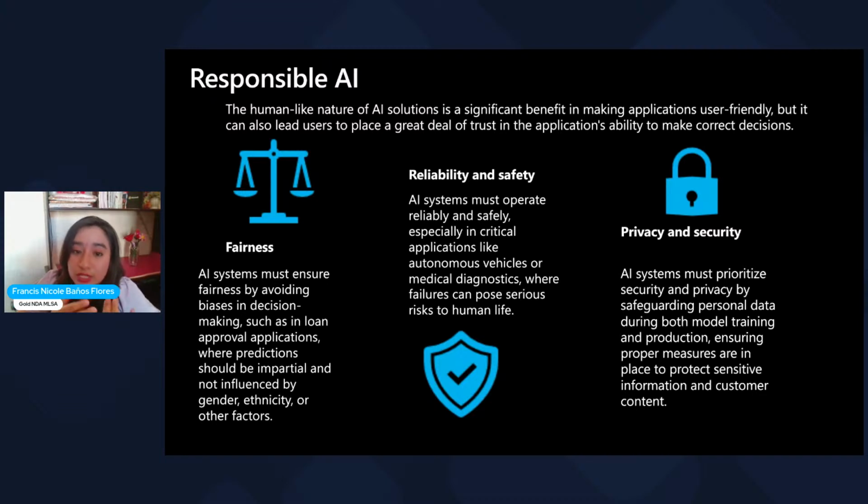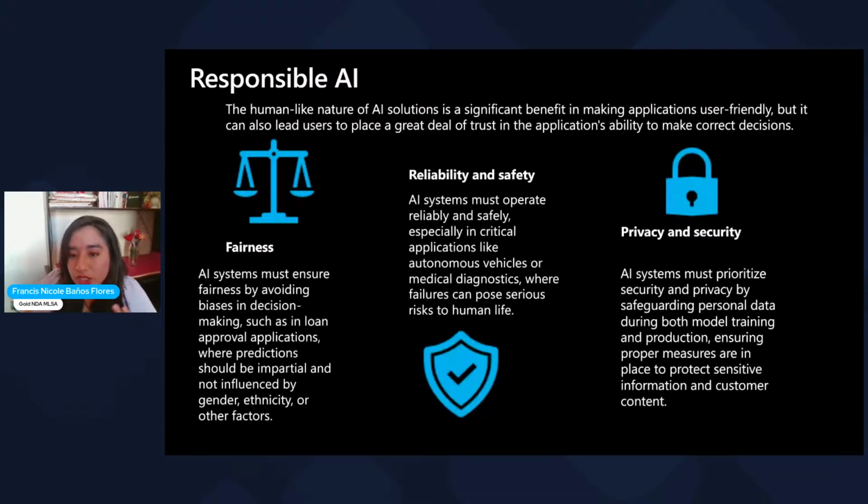So as humans, we know that it's very significant that we have a benefit in making applications very friendly. So beginning with fairness, reliability and safety. We know that these AI systems must ensure fairness, avoiding biases in decision making, such as in loan approval applications.